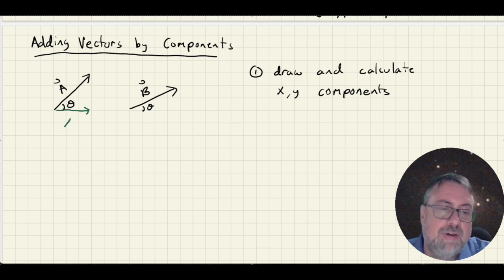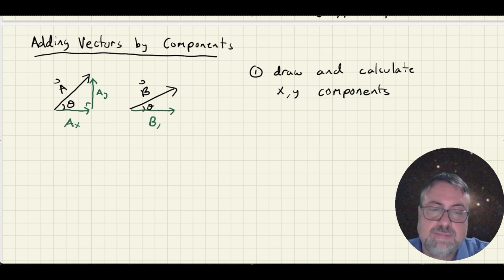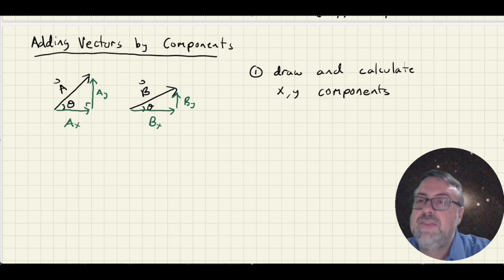And remember, the x and y components will always make a right angle, that is 90 degrees, with each other. And they will always add up to the original vectors. The next step is to combine the components to find out the components of the result.